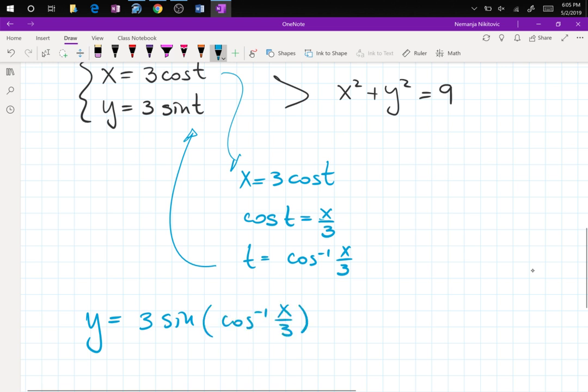over 3. Do you remember these problems from earlier in your life, when it was just an annoying thing for you to do without any reason why? There it is now, all right? Now, if you recall, the way to solve this is you draw the triangle, assign values, and then read the sine. Cosine is what over what?